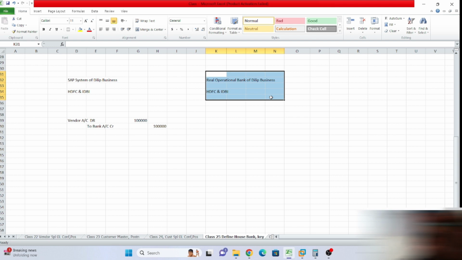They have opened current accounts in the real banks, but these bank accounts have to be maintained in the SAP system also, then only the system will understand, as per the settings given in the SAP system. So house banks should be maintained in the SAP system.